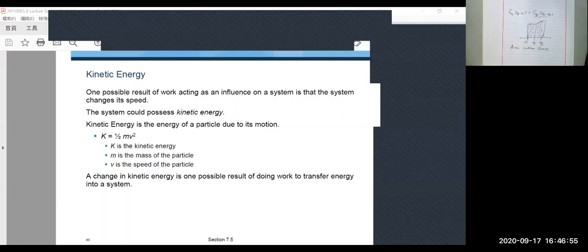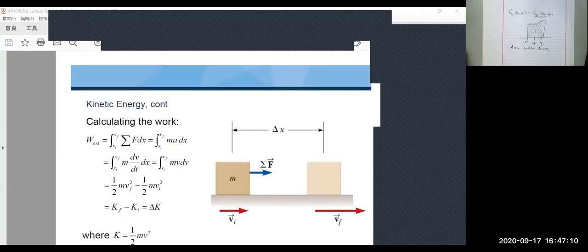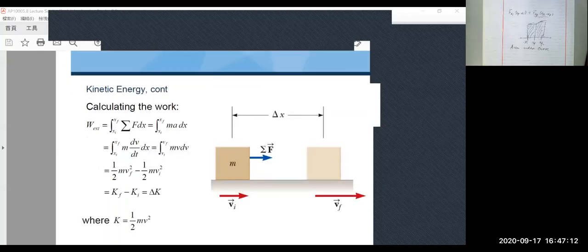So kinetic energy is something you are familiar with, and you know the calculations much more than me, so I will not go into the details. The equations and the definition of the terms, you know. So here is just a quick derivation of the kinetic energy. Why is there a term of the kinetic energy?